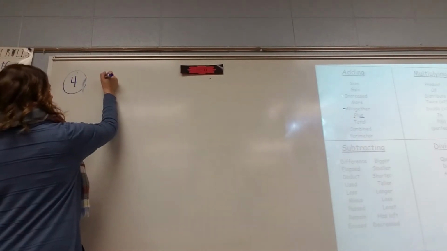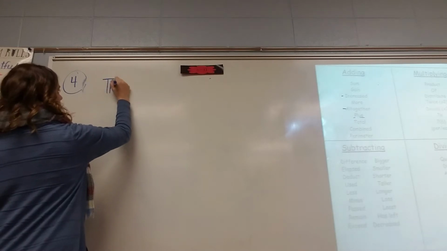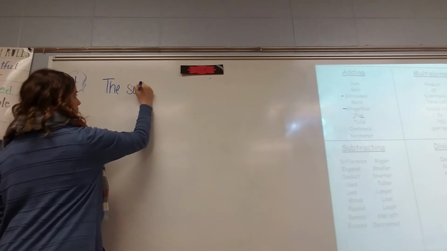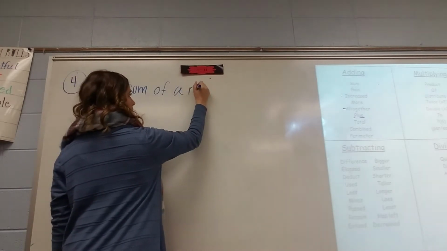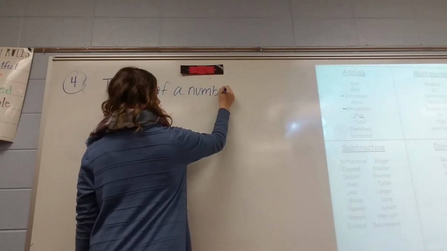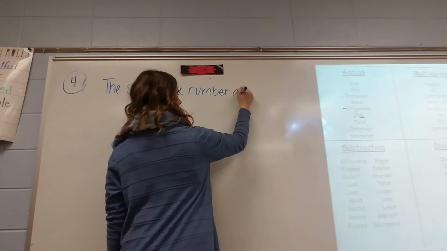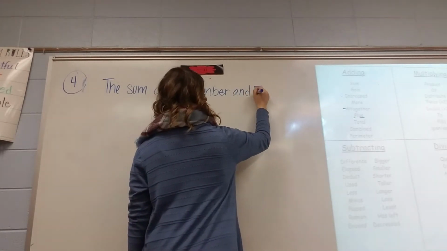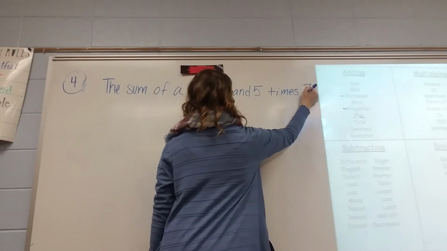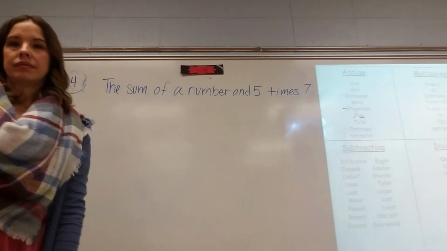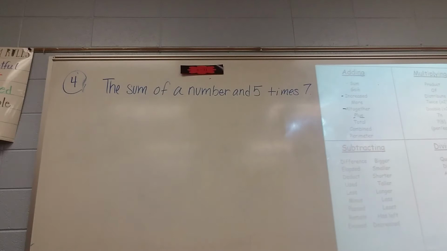The sum of a number and 5 times 7. Whoa. The sum of a number and 5 times 7. Oh, this is easy.